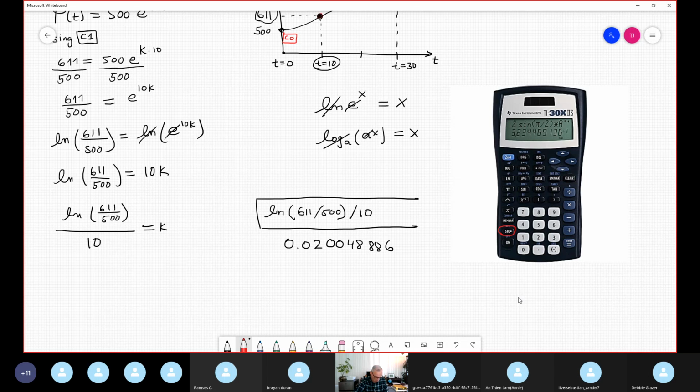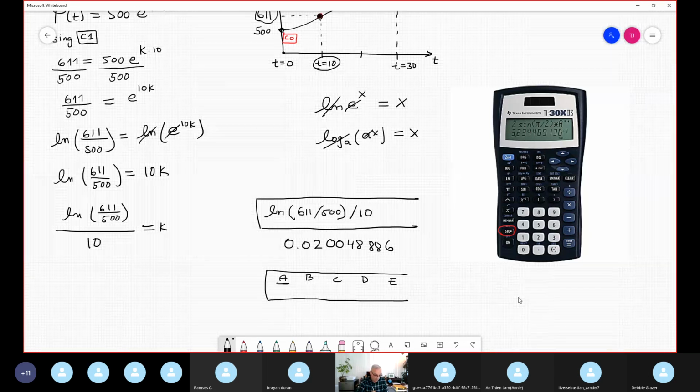When you press the STO key, at least in my calculator, you see the different memories that we have: A, B, C, D, E, and so on. I highlight A because it's the memory I am using. You can navigate with the arrow and select the memory you want.